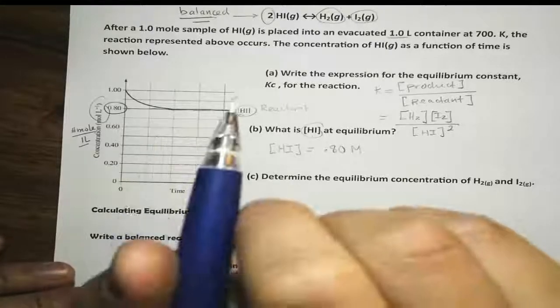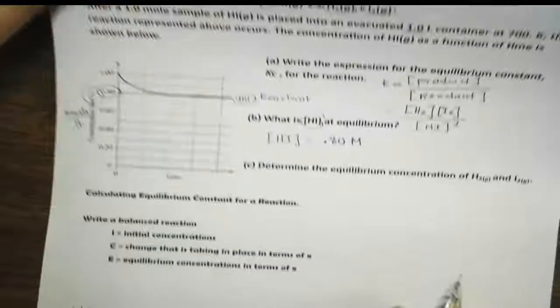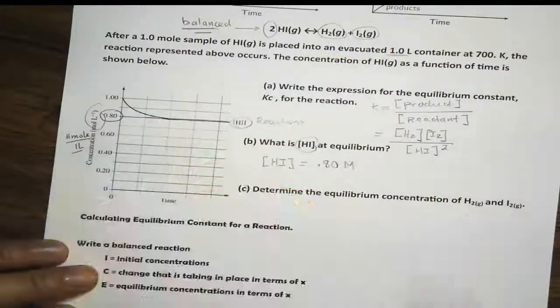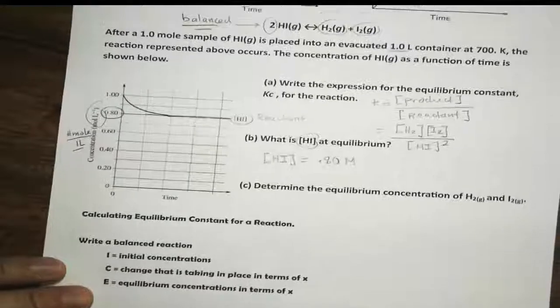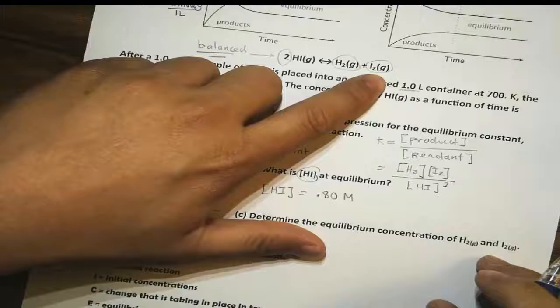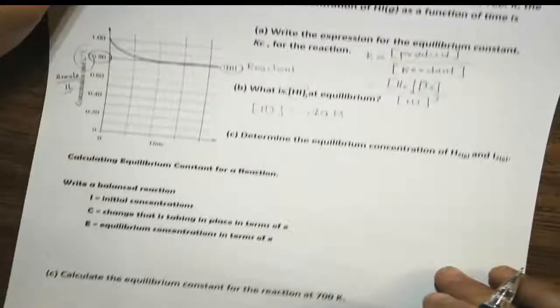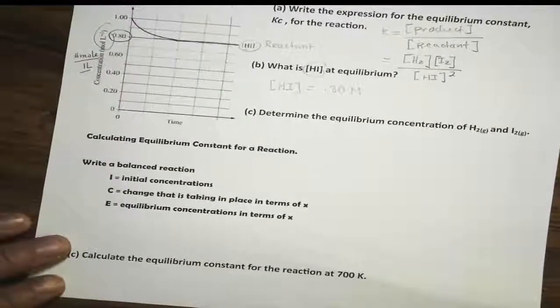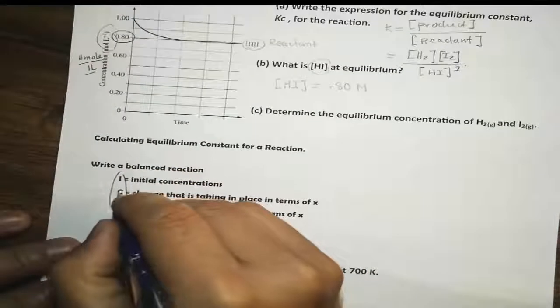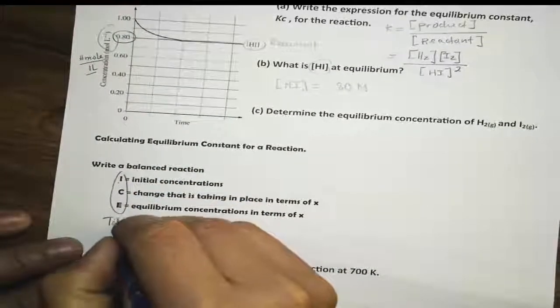Now this is where it gets tricky, okay? That's when we have to calculate the other part of the reaction where it's not given in the graph. Because if you look at the graph, are we given information about hydrogen and iodine at all? No. So we have to solve for it. And the method for solving this is something called the ICE table.